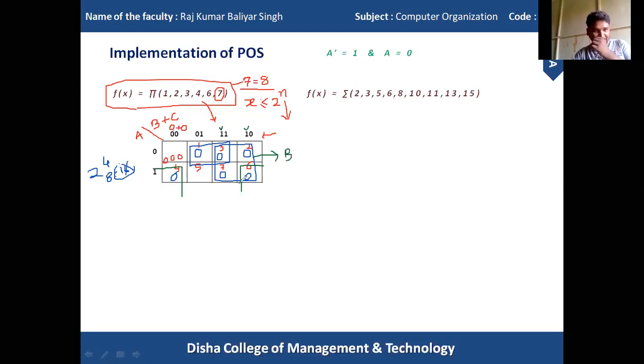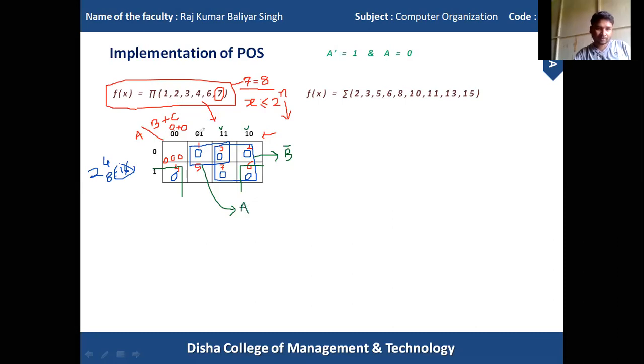Sorry, here B naught is constant, right? It is B naught. For this combination, 0 is here, and the 0 represents A, so 0 is the common value.